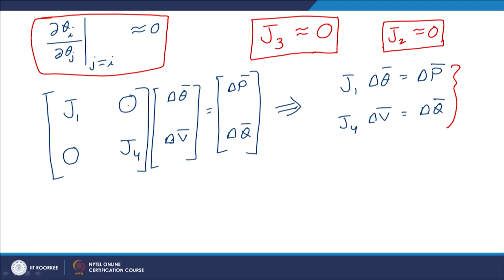Earlier, when this matrix was a full matrix, that is when J2 and J3 were not null matrices, the variation of theta was dependent on both P and Q. Similarly, the variation of V was also dependent on both P and Q. But after applying these simplifying assumptions, variation of theta is only dependent on P, not at all on Q, and variation of V is only dependent on Q, not at all on P. In other words, theta and P, and V and Q, are decoupled from each other.